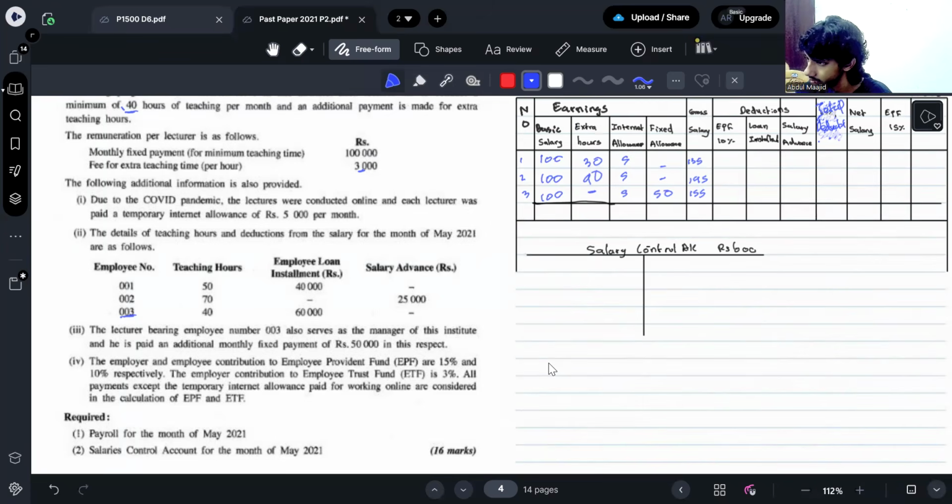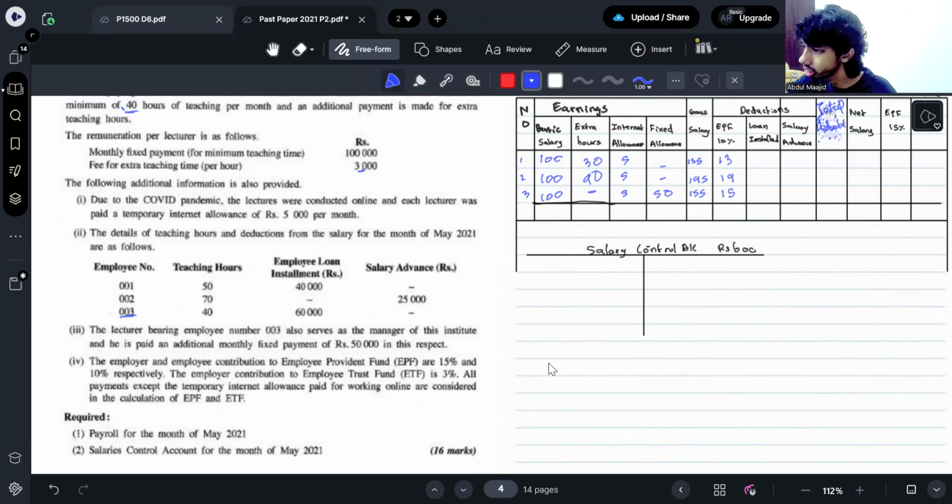All the salary earnings except the internet allowance are considered when calculating EPF and ETF. So 135 minus 5, 130, into 10%, 13, 19, 15. You should remove the internet allowance when calculating EPF.